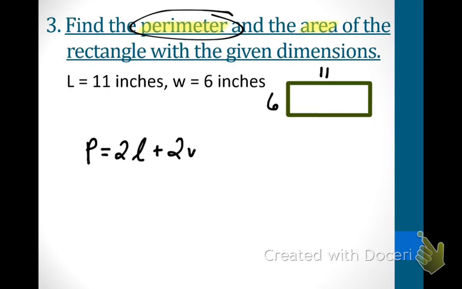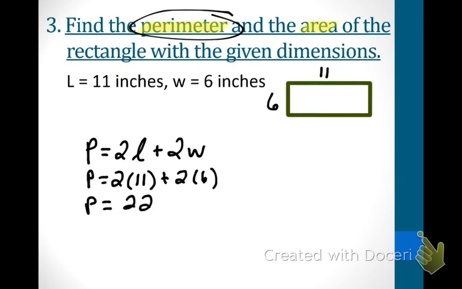Good job. All right, Emma, help me out. What should I write next? Let's plug in those numbers. Very good. Now let's keep working underneath it. What is 2 times 11? 22. What's 2 times 6? 12.